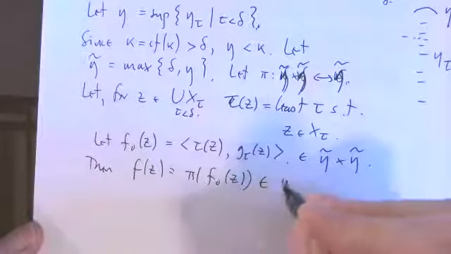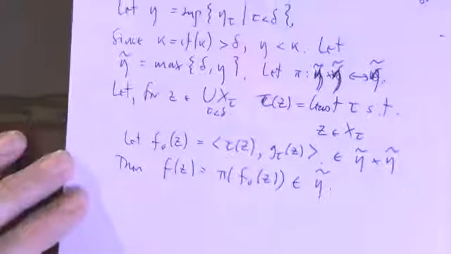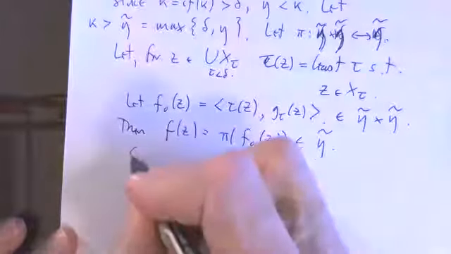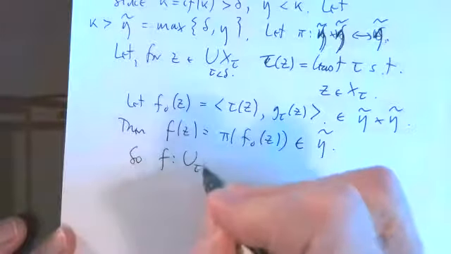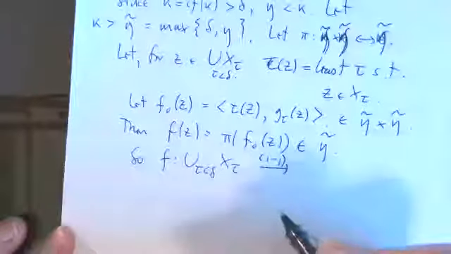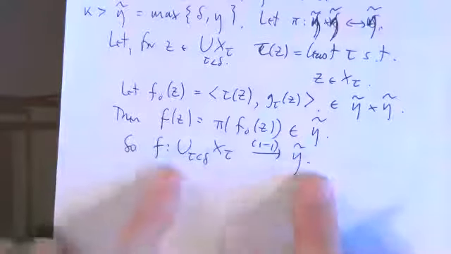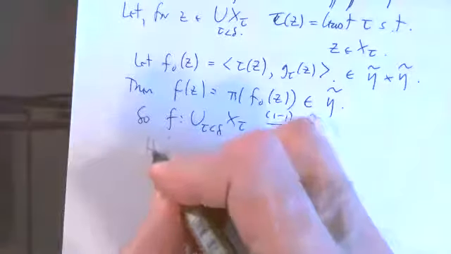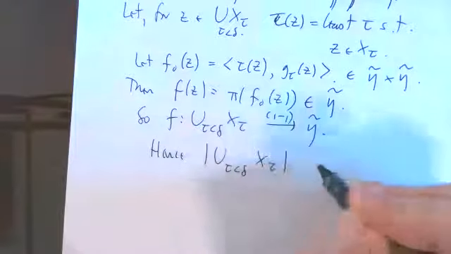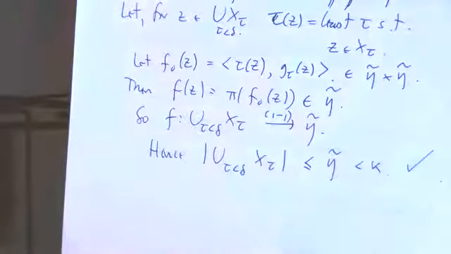And so then this is in eta tilde. Right? And well, I should have made the obvious remark that kappa is bigger than eta tilde. So f takes the big union here, 1-to-1, into eta tilde. And so its cardinality is less than or equal to eta tilde, which is less than kappa. So we're done there as well.